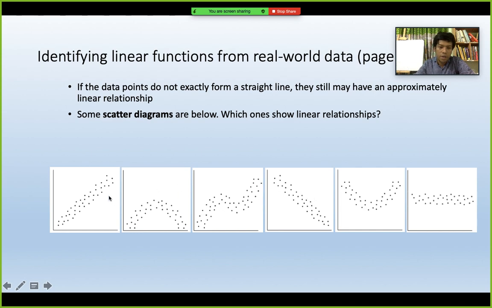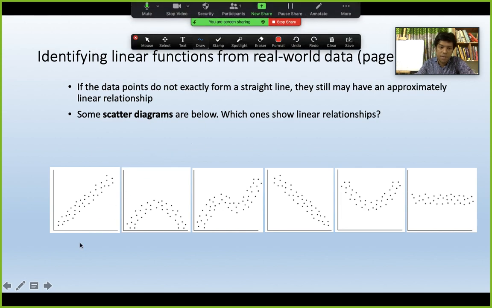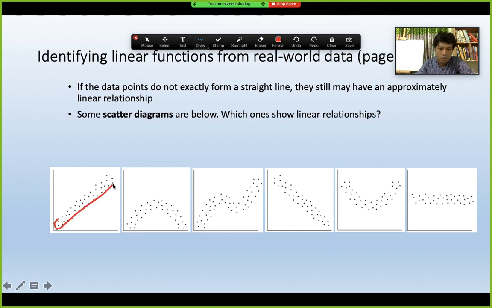Now here the points are not exactly on a line, but if you look at the general relationship, the general overview, which one represents linear and which one represents non-linear? If you look at this, you will notice that this first one, just as a general shape, looks like a straight line.